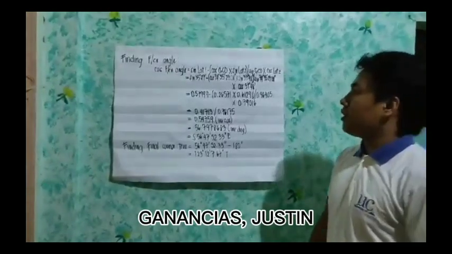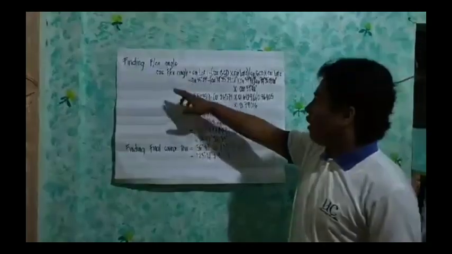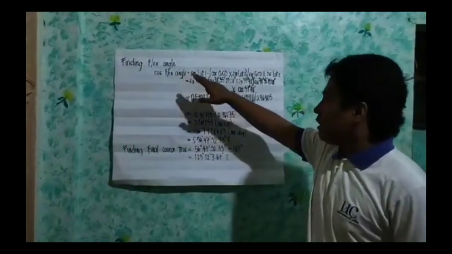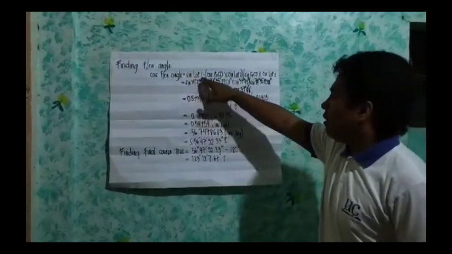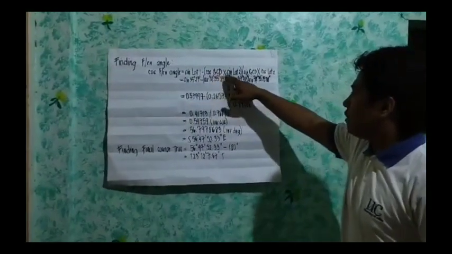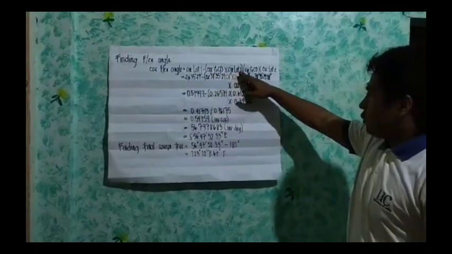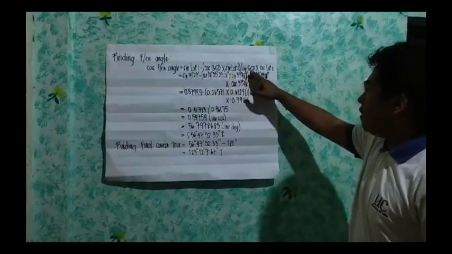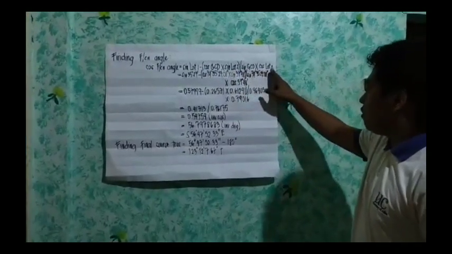Finding the final course angle. Cosine final course angle equals sine latitude 1 minus open parenthesis cosine GCD multiplied by sine latitude 2 close parenthesis, over sine GCD multiplied by cosine latitude 2.